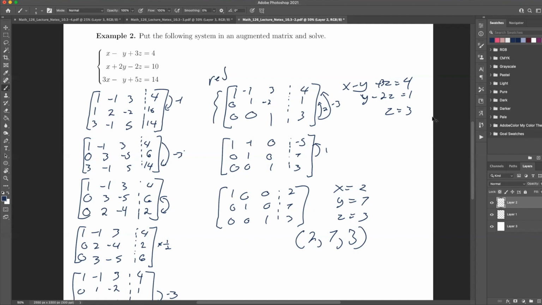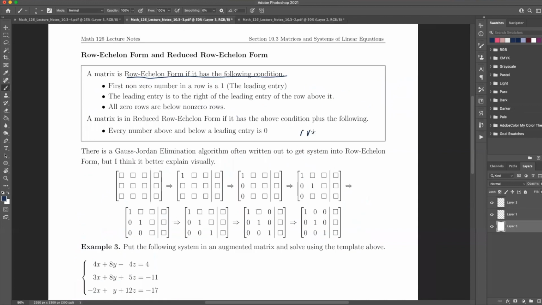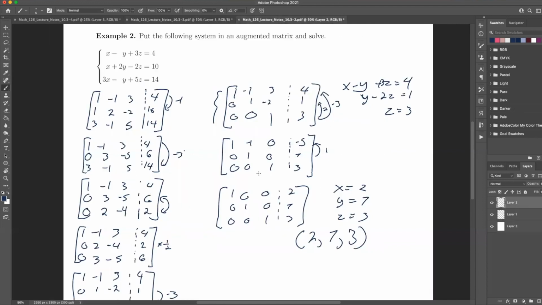Then here, the reduced row echelon form, abbreviated RREF, has the following condition: every number above and below a leading entry is 0. So what we did is we made this. If this is an REF, this is an RREF, or a reduced row echelon form.